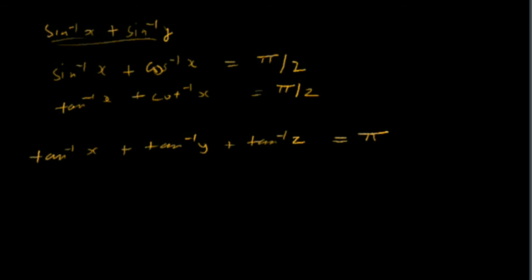In the LHS side, you take one thing to the RHS side and can proceed easily. Suppose I just write tan inverse x plus tan inverse y and apply the formula tan inverse of x plus y by 1 minus xy, and I am taking this tan inverse z to that side, pi minus tan inverse z.